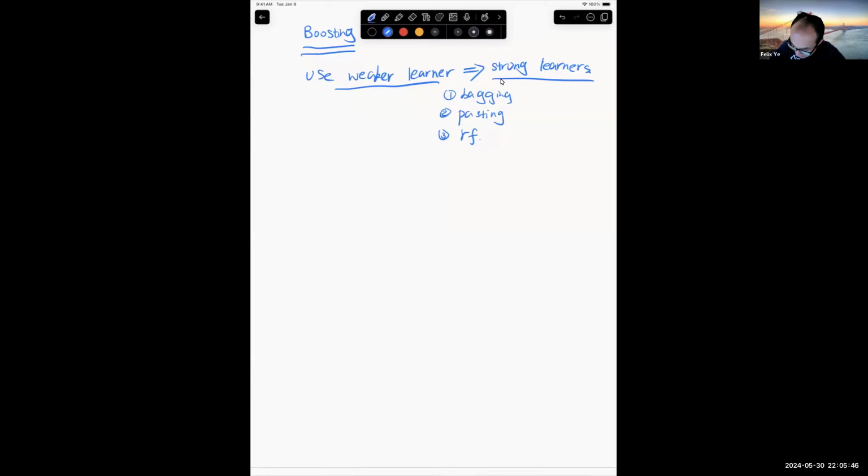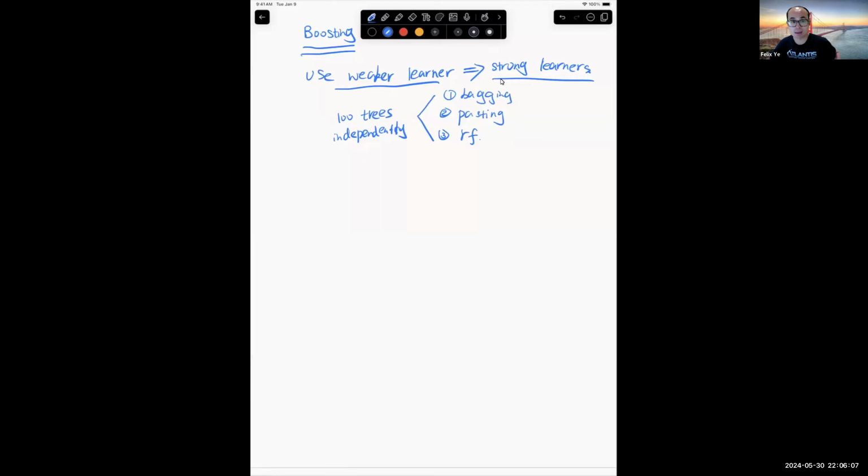With all these three methods, we assume, say, we are using 100 decision trees created independently.